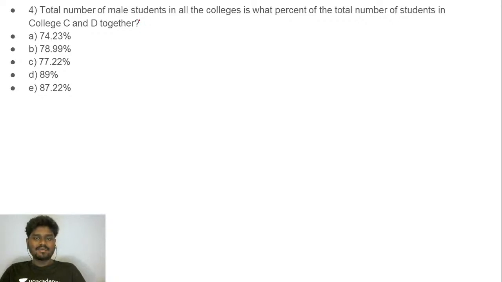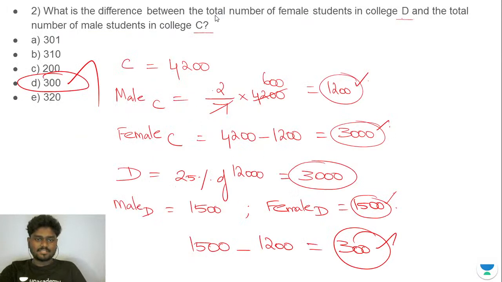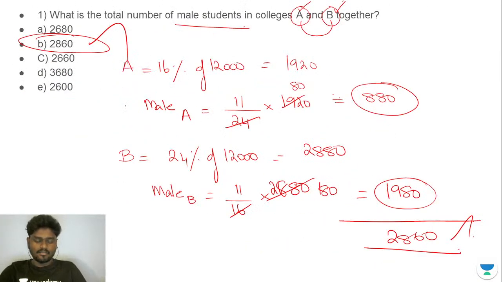First, find what is actually the total number of male students in all the colleges, right? In college A you have 880. In college B, the male students you have here is 1980. So college A plus college B, the male students are 2860.